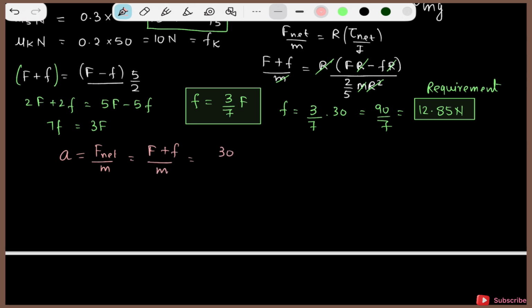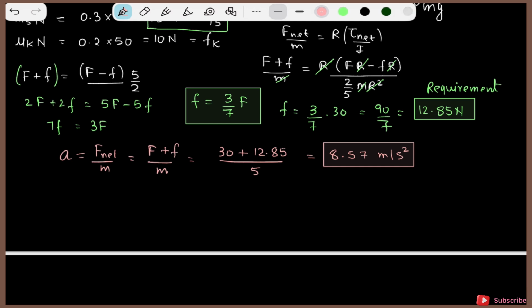External force is 30 and friction is 12.85 divided by mass, and the mass is also given, which is 5 kg, and you can easily calculate this, which comes out to be 8.57 meter per second square. So this is the acceleration of the sphere.